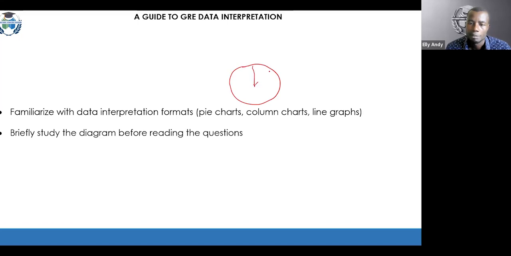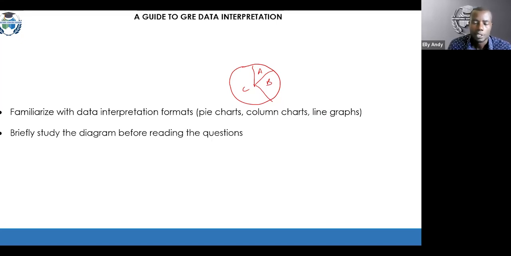When you have a pie chart like this, and we have A, B, C, even without looking at the percentage for C, because pie charts are drawn to scale, you should know that C will have the biggest percentage, whatever they are measuring here. So you need to know how to read pie charts, column charts, line graphs, and so on. Those are fundamental skills for data interpretation questions in the GRE.